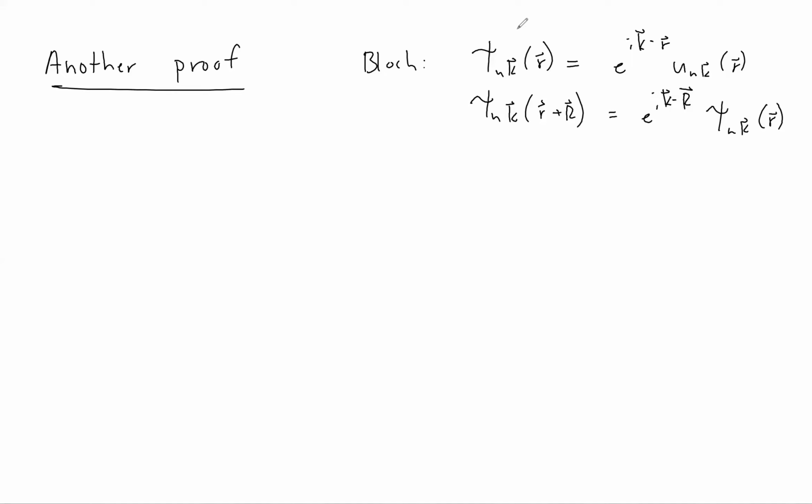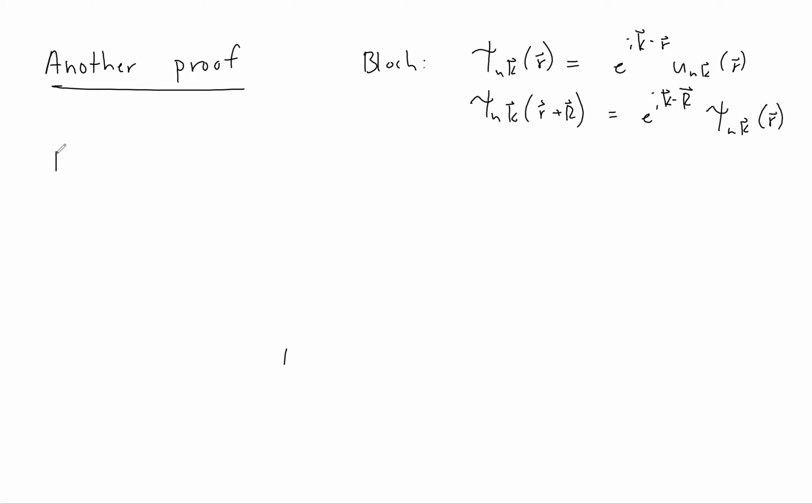All right, so let's move ahead with the second proof. Implicitly in this proof, we will assume that we're using periodic boundary conditions, Born-von Karman boundary conditions. We'll expect that we can therefore expand the wave function in terms of plane waves in a Fourier expansion.